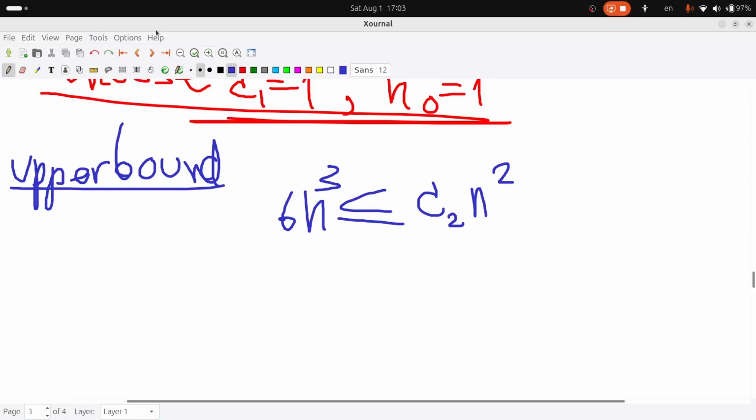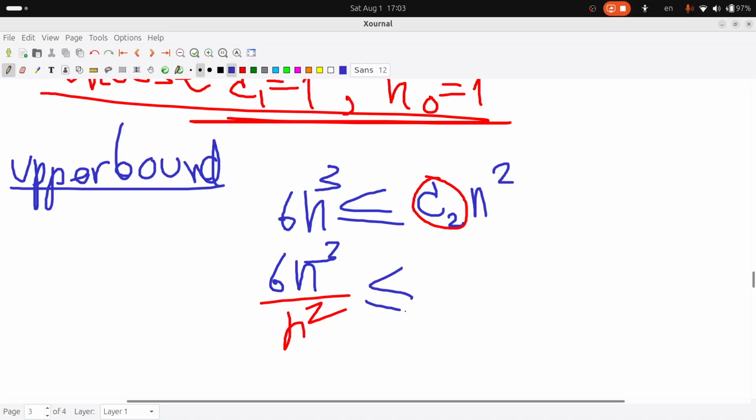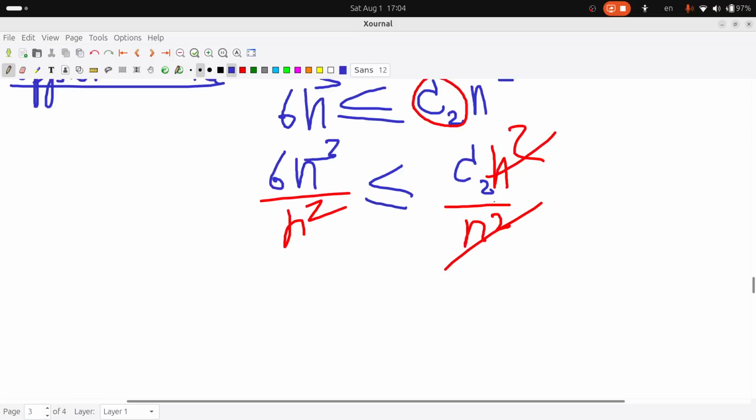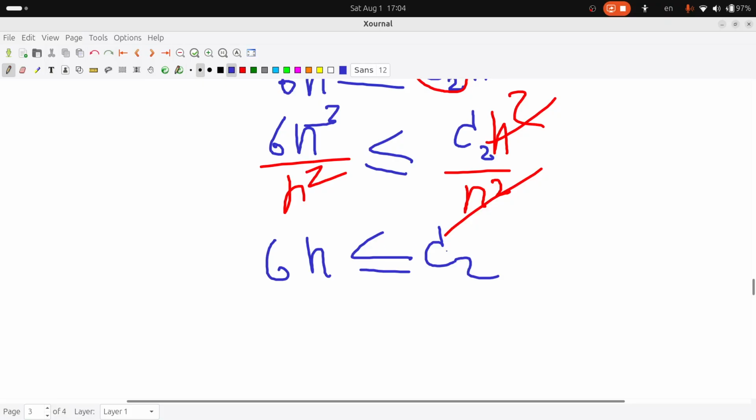So we can leave the constant c2 alone again. I try to divide both sides by n square, right? Because I want to cut out n square. So we write constant c2 times n square divided by n square, and we cut out this one, and we leave this constant c2 alone, and it will be 6n is greater than or equal to c2.